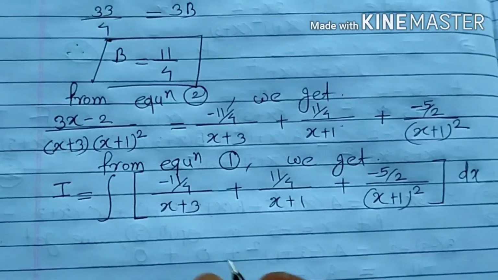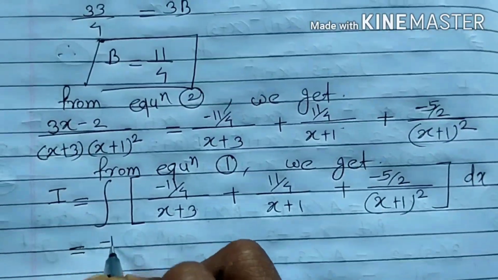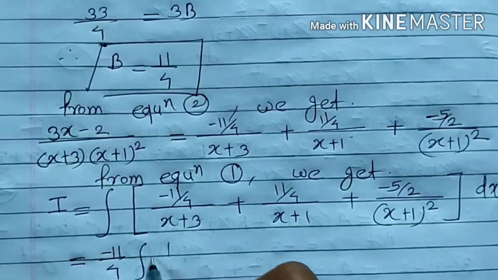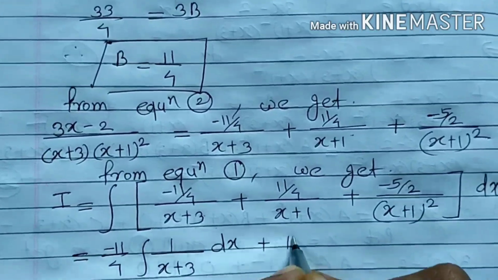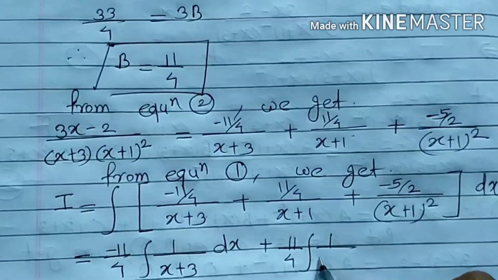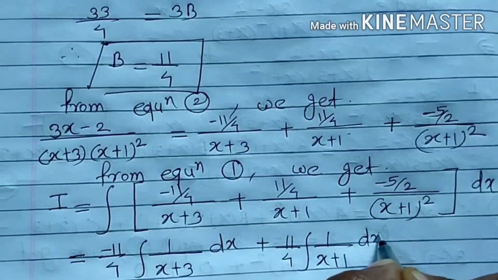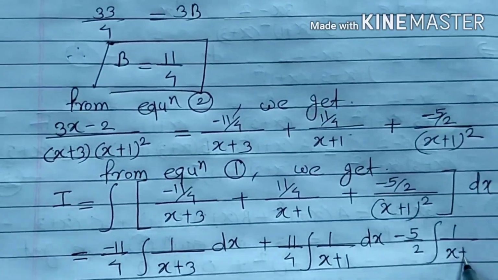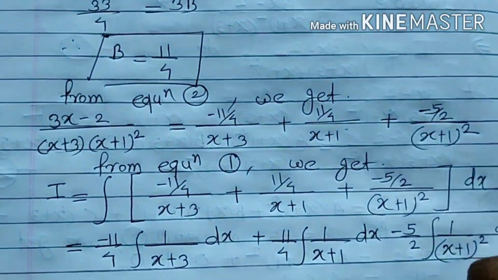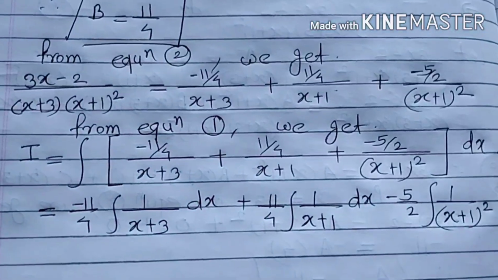Now taking integration on summation, we get minus 11 by 4 integration of 1 upon x plus 3 dx, plus 11 by 4 integration of 1 upon x plus 1 dx, minus 5 by 2 integration of 1 upon x plus 1 whole square dx. Now integrate it.